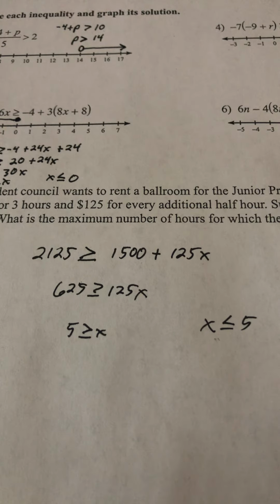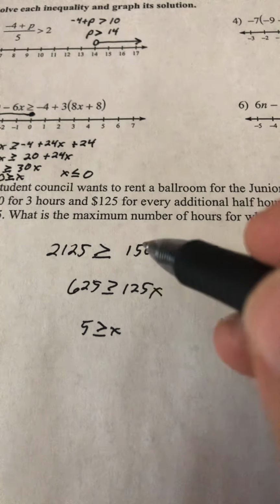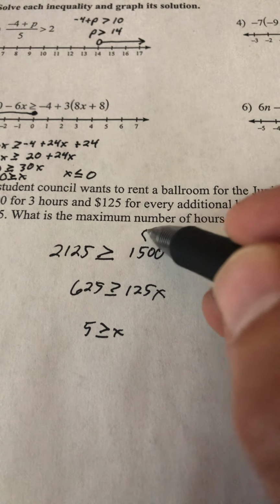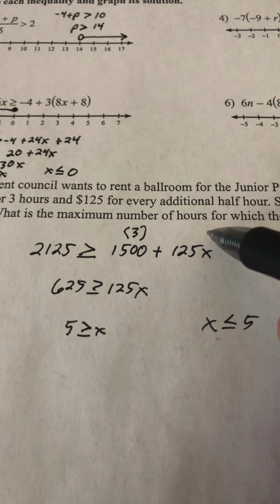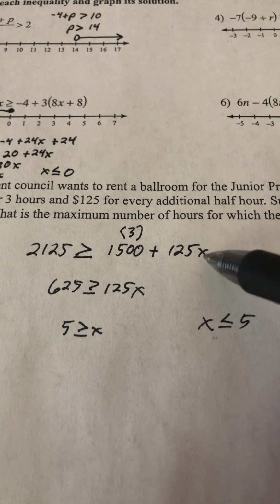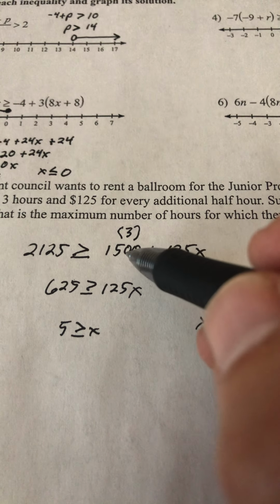Now, are you saying 5 hours? No. Remember, this was for 3 hours, and this is 5 half hours. So when you put 5 in here, that means 5 half hours plus the 3 hours.